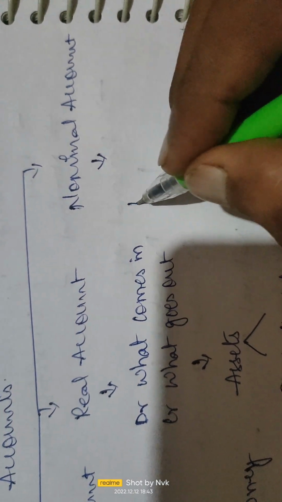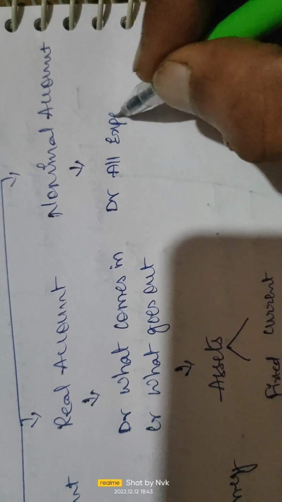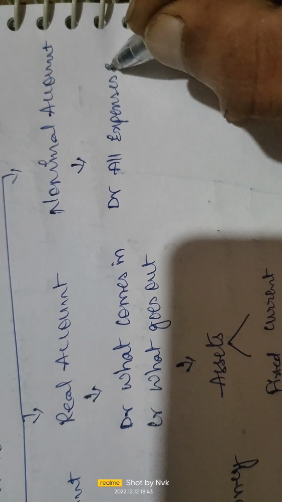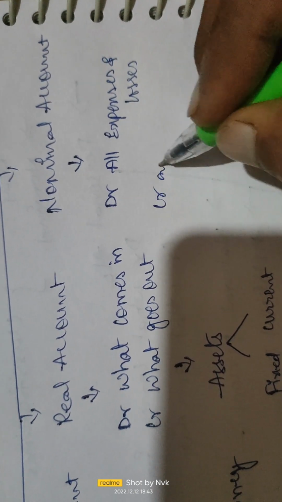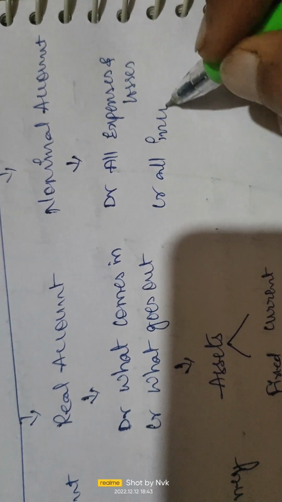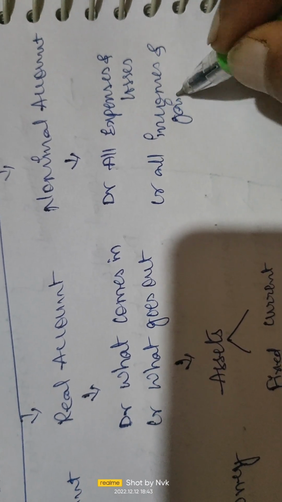The last classification is the nominal account. Here the rule is debit all expenses and losses, credit all incomes and gains.